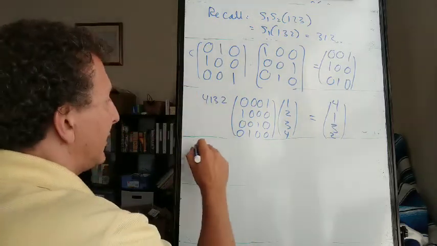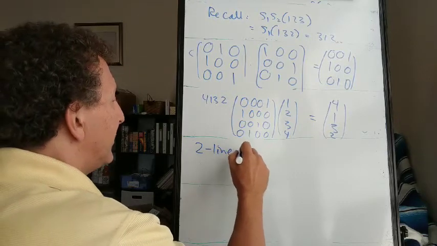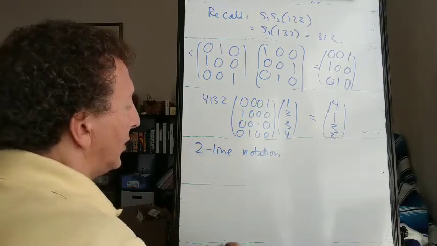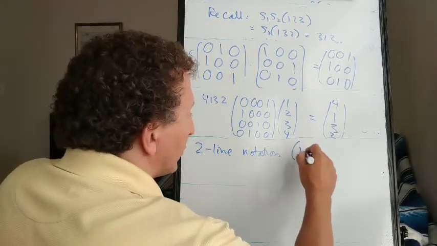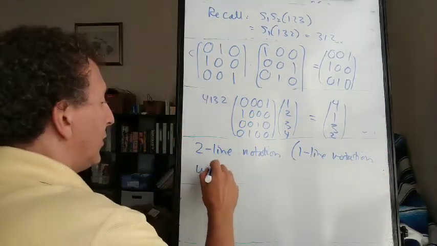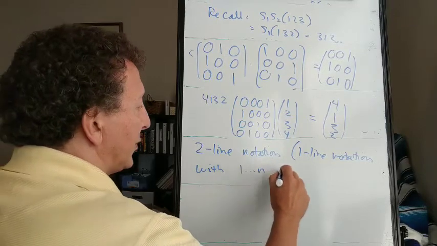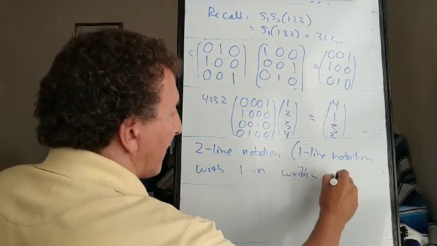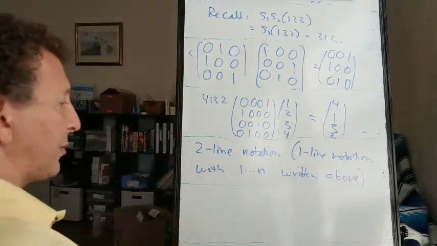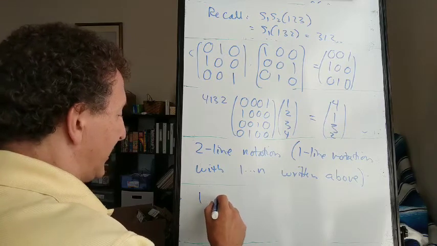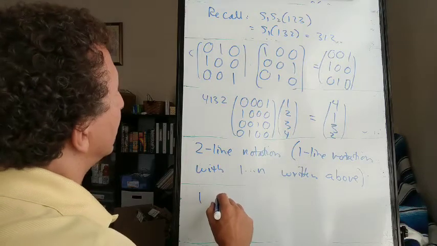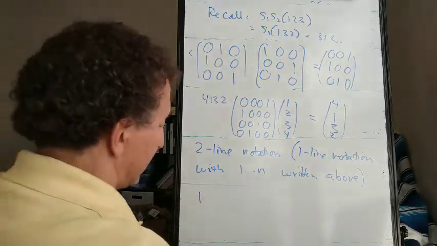And then if we have permutations written in two-line notation, which is one-line notation with 1 through n written above, we can perform multiplication by, well, we'll do an example.